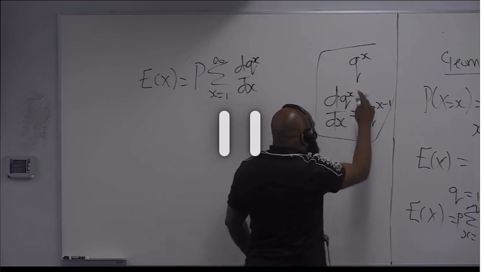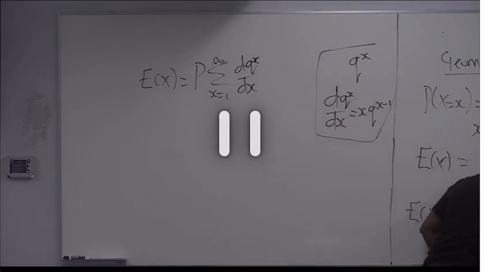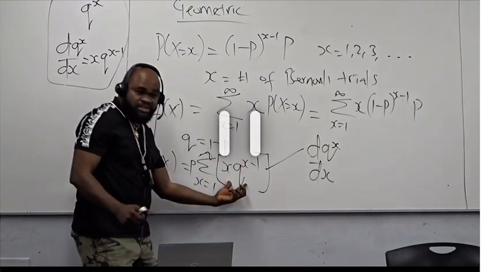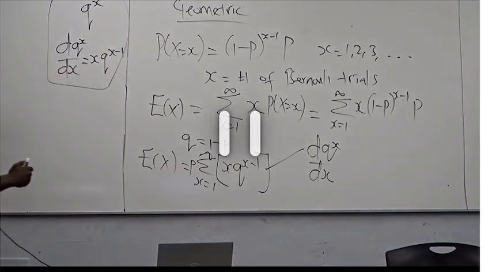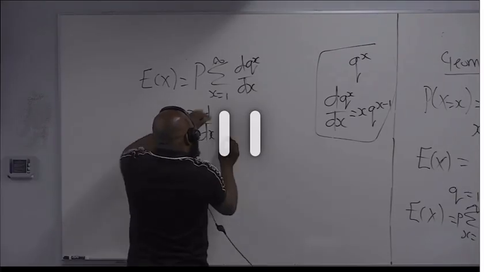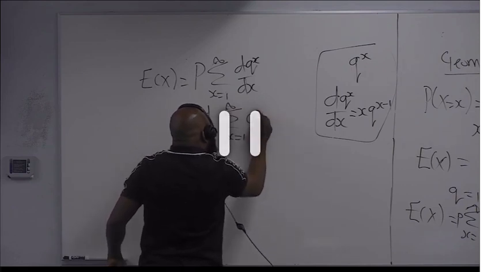Okay, differentiating that. So when I differentiate q raised to the power x with respect to x, this is what it's going to give me, and that's exactly what I'm writing here. Now, you know what I'm going to have? Now, I'll do this: p, d/dq. I'm breaking it out. Then I'm going to have x start from 1 to infinity, q raised to the power x.